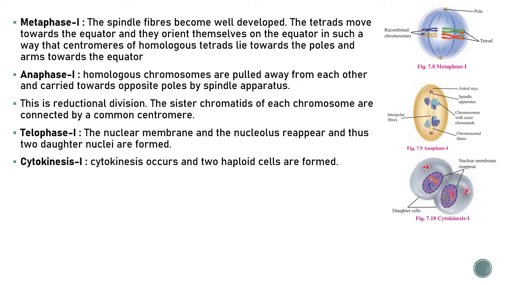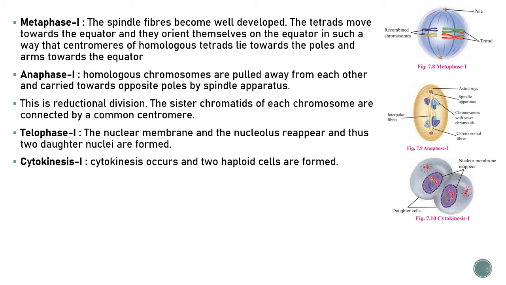Now in today's lecture, we learned about the remaining phases in meiosis first, that is metaphase-I, anaphase-I, telophase-I, and cytokinesis-I. After completion of cytokinesis, the next stage of meiosis, that is meiosis second, will follow.